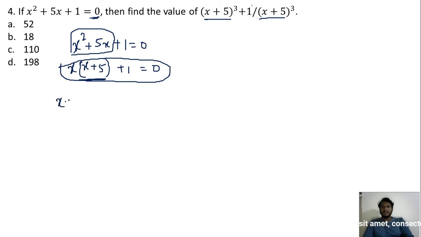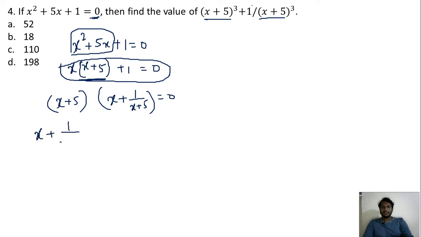Now we have x plus 5 into x plus 1 by x plus 5 equal to 0. Now if you divide with x plus 5 on both sides, you are left with x plus 1 by x plus 5 equal to 0.